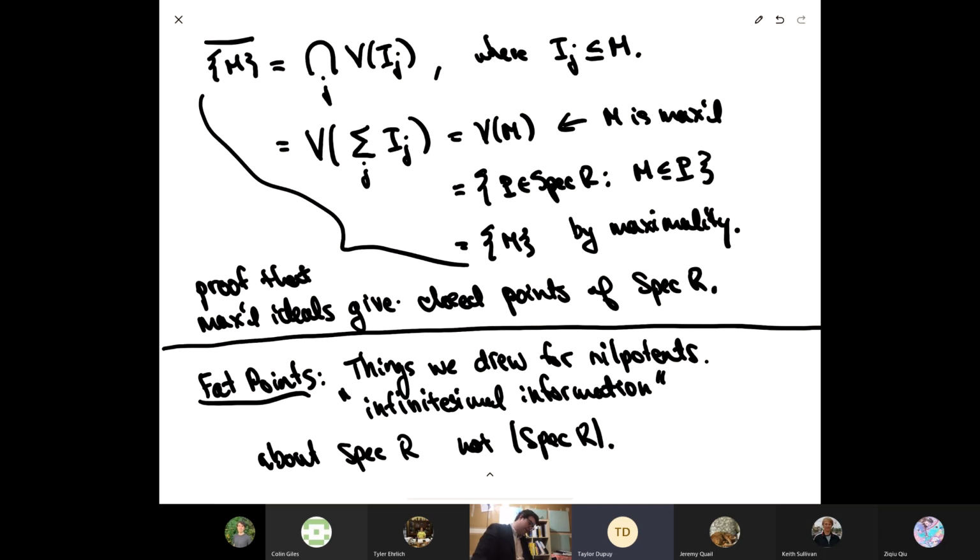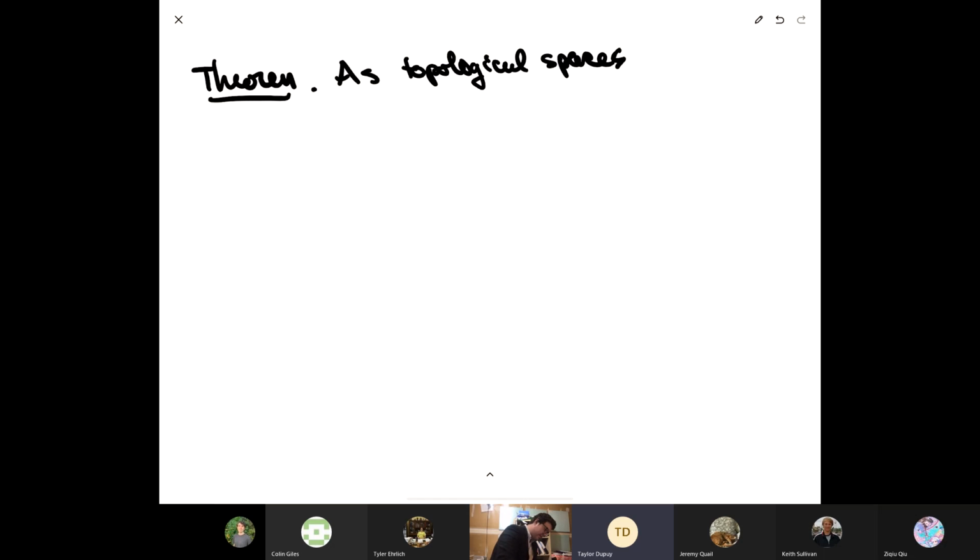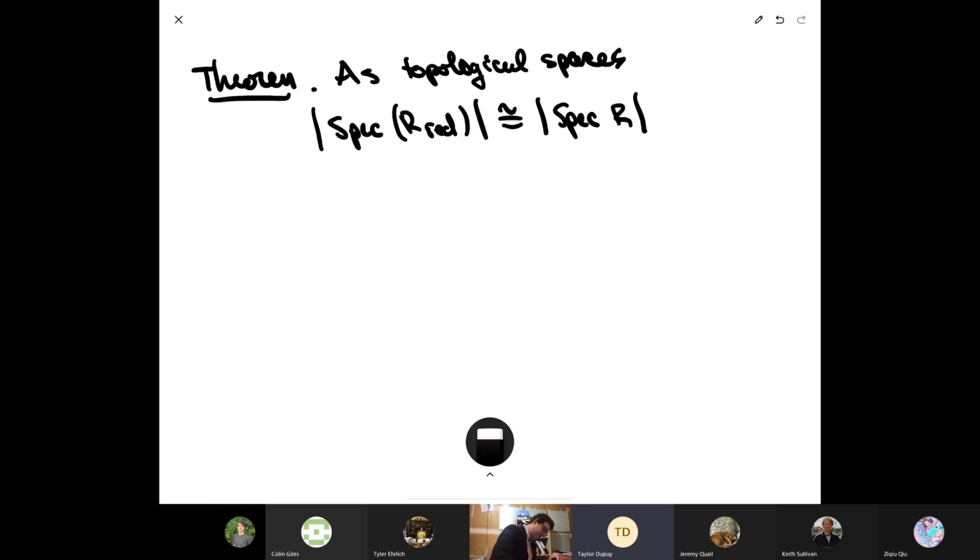There was a theorem before that, as topological spaces, Spec of R reduced is homeomorphic to Spec of R. Here let's recall that R reduced is where you kill all the nilpotents.